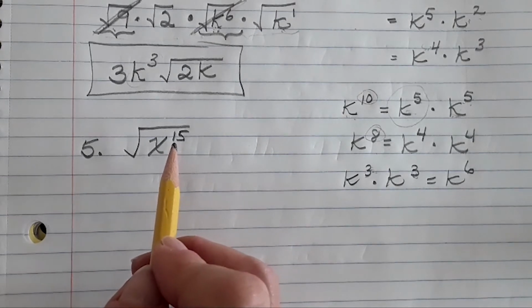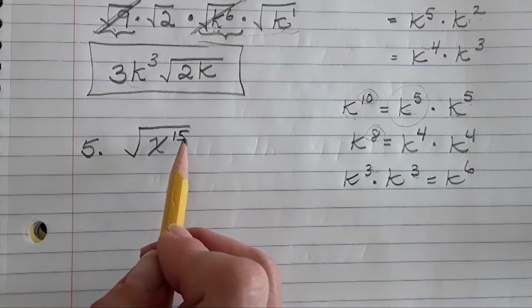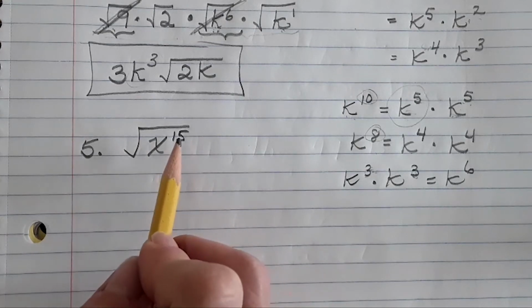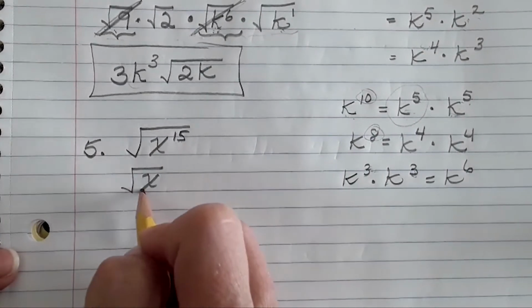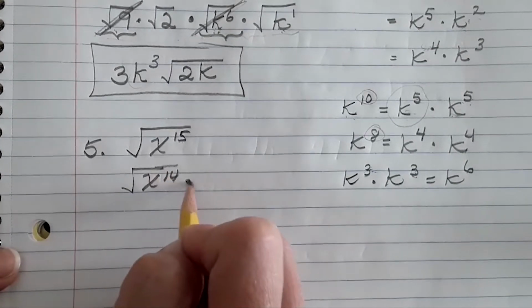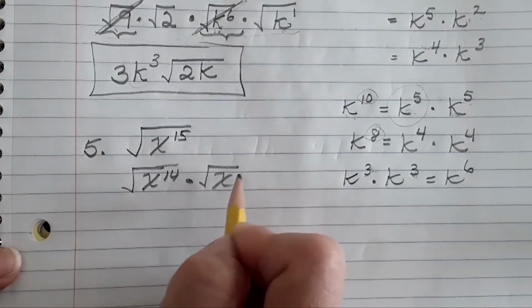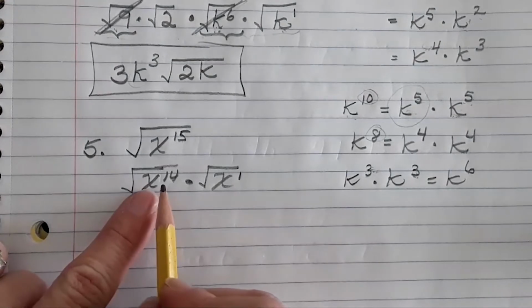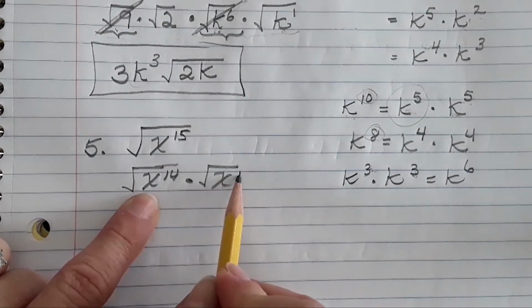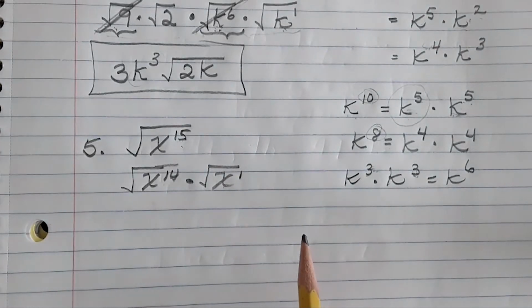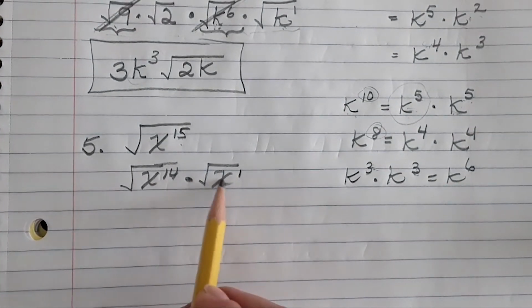The biggest even number that you can use would be by decreasing this by 1 and making it a 14. If you take x to the 14th times x to the 1st, you would add 14 plus 1. That would get you x to the 15th. So this is a good way to break it down.